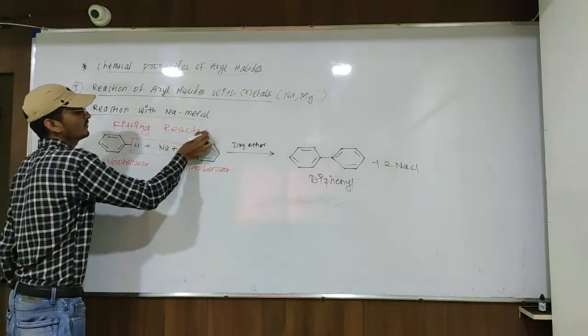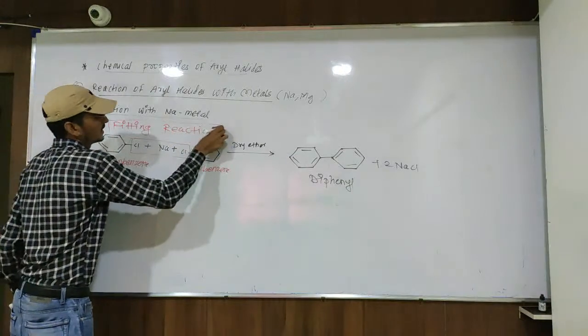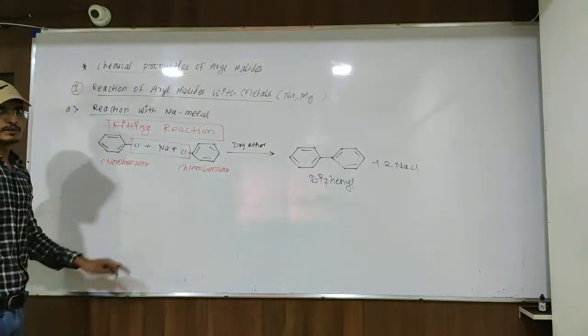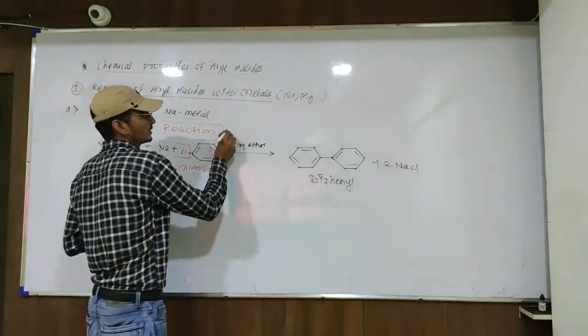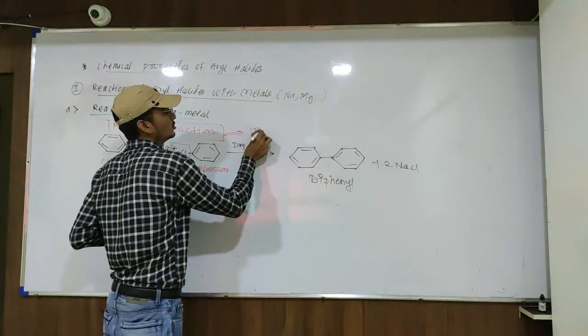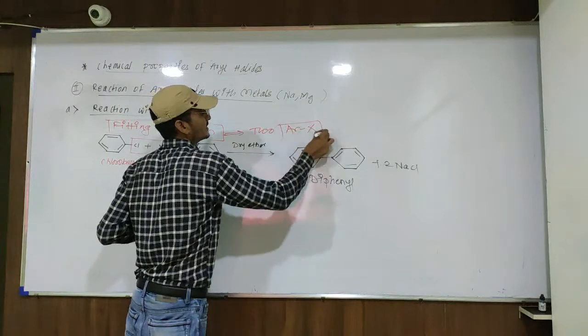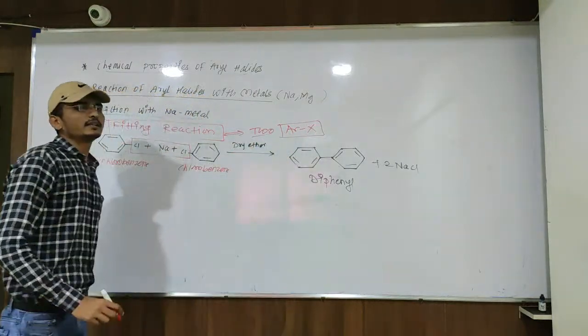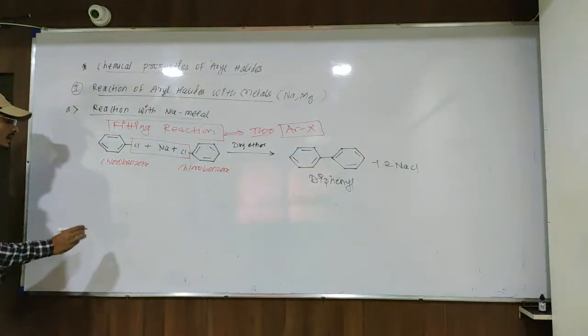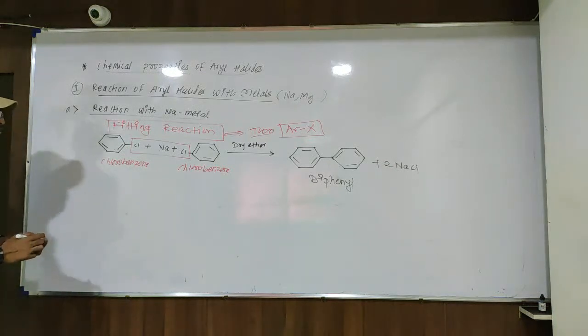When two molecules of aryl halides react with sodium metal. Only if two molecules of aryl halides react with sodium is it called the Fittig reaction. Okay, next case we will see.